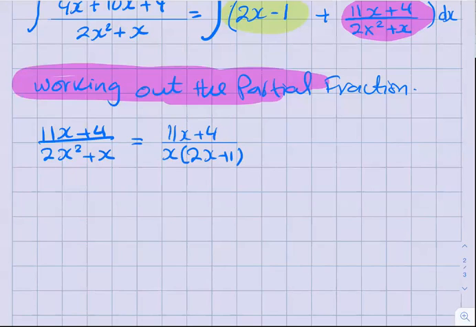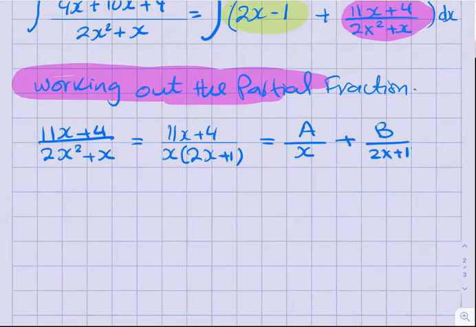Are you okay so far? Yes, hopefully. Then there's going to be a over x plus b over 2x, it's plus 1 actually, yes? Oh my God, plus 1.